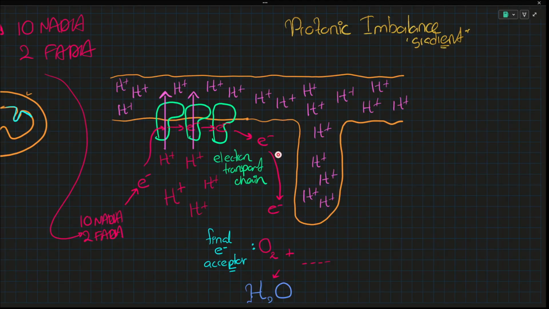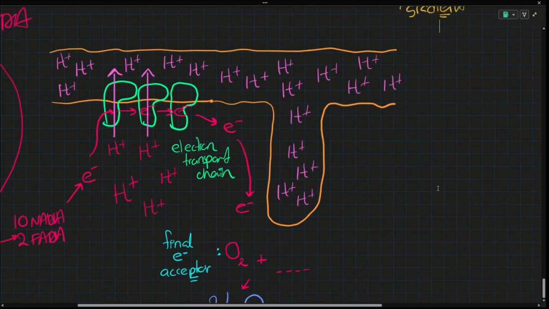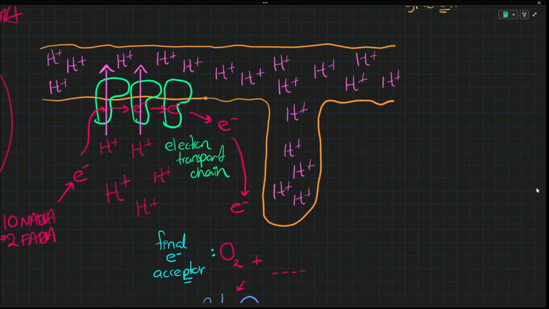That's not possible. There's only one way that they can go back, and that is through a very special enzyme which I will color code using orange like this. The only way they can go through is via this enzyme, and that enzyme is known as ATP synthase or ATPase for short.